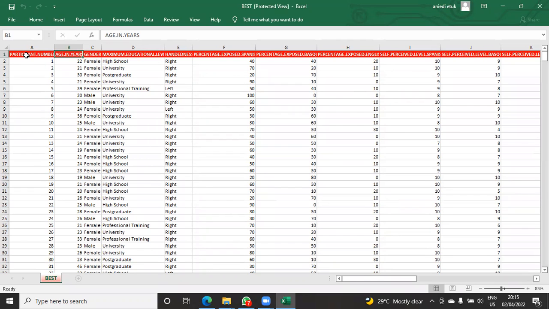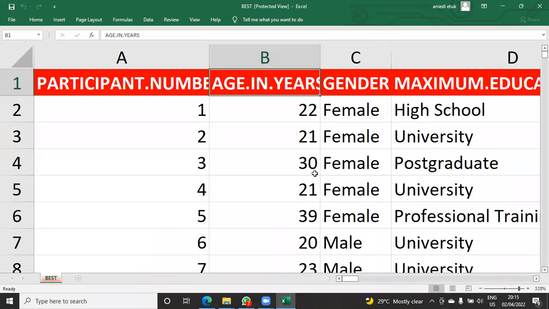Now, this is how data is tabulated. This one is tabulated in Excel. Before this data was gotten, we will go to how the data was gotten, but I want us to look at something. Each of these columns is called a variable. I hope you can see this very well.